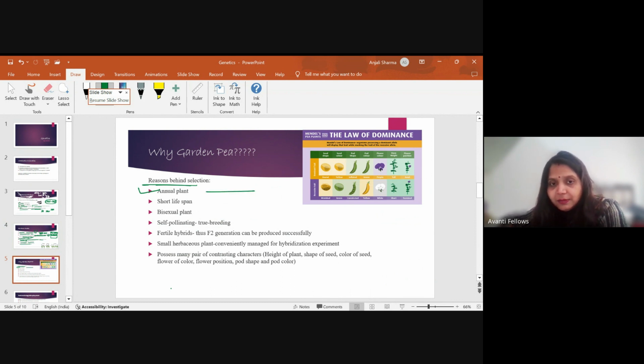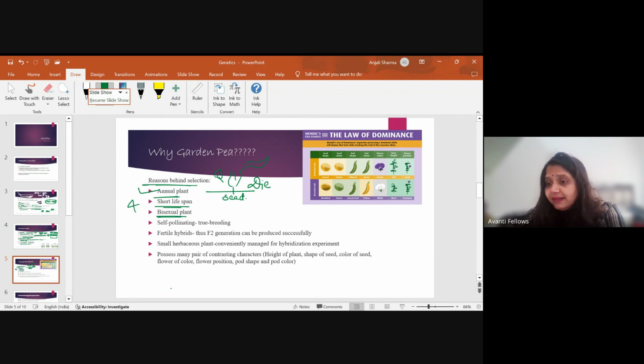That is, they are present as seeds inside the soil. Then they grow as a plant. Okay, they do flowering, they do fruiting, and after that they die also, in that particular 1 year only. So those plants are called annual plants. Life cycle is very short, that is about just 3 to 4 months.